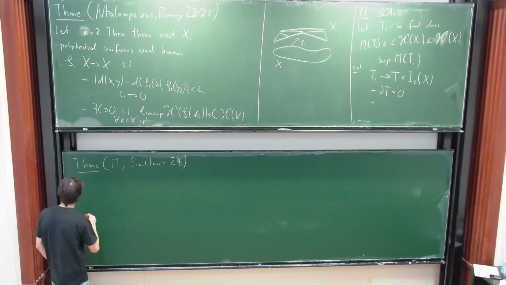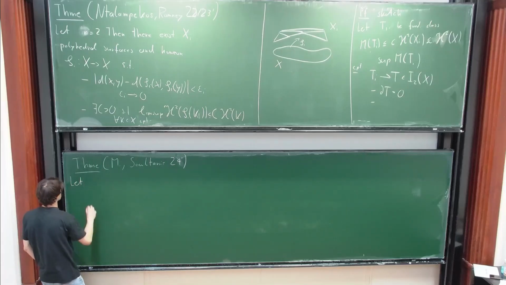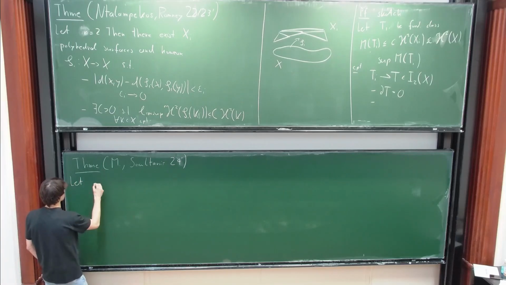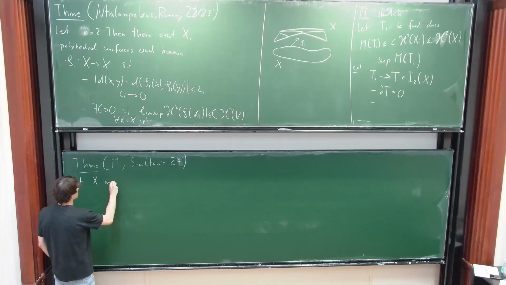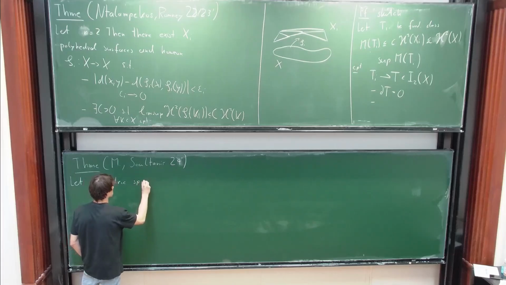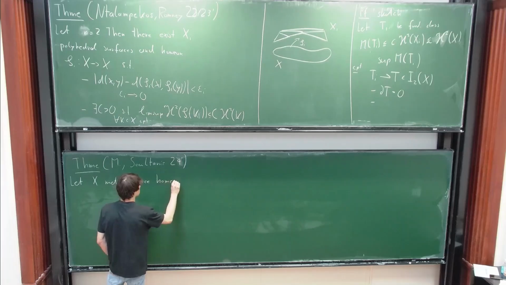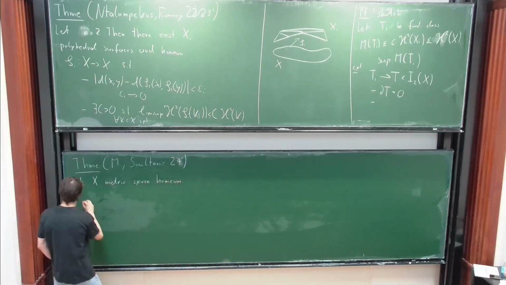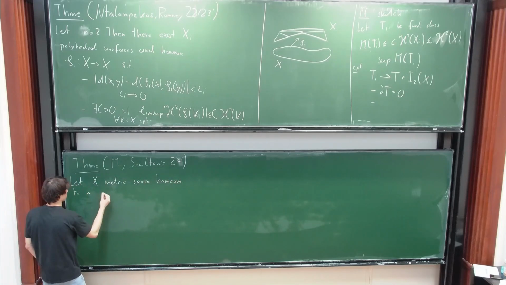So, just let me repeat the whole setup. I'm sorry, it's quite a long statement. So, you have a metric space which is homeomorphic to a Riemannian manifold.